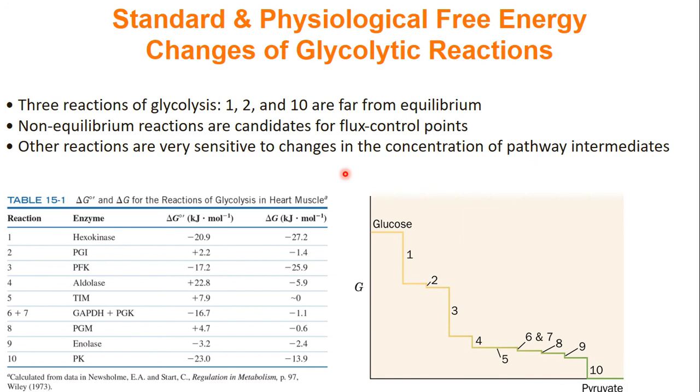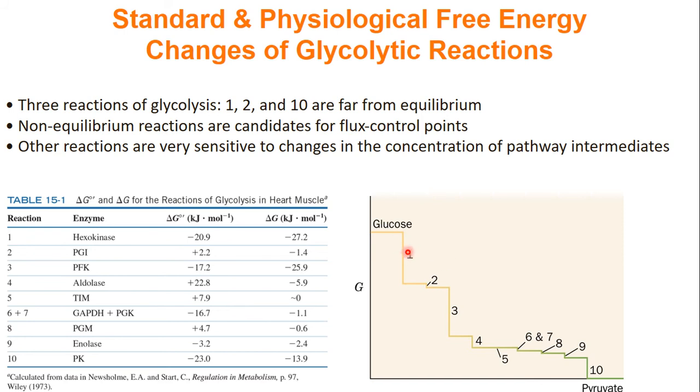Alright, so if we look at delta G for all of our reactions, you will notice that 3 are far from equilibrium. That's reaction 1, reaction 3, and reaction 10. And we can look at the delta G's in this chart showing the energies, and you can see the giant drops. Those are our control points.